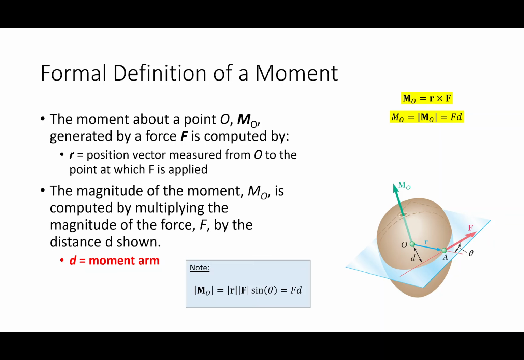There's a name for d, I'm going to call it a moment arm. What is d? D is the shortest distance between point A and this force. So think of that as this perpendicular distance here. We'll call that d. Okay?